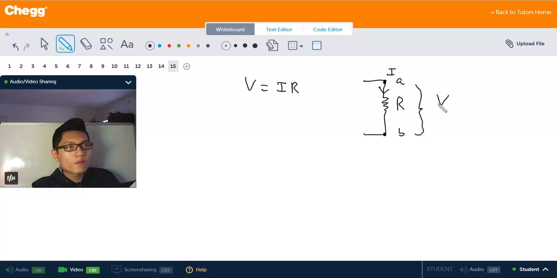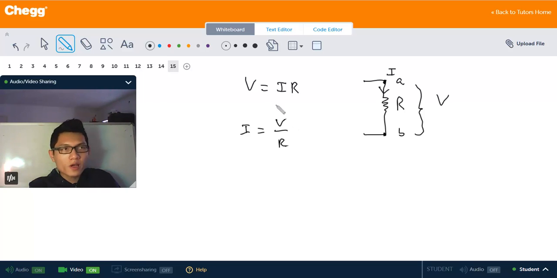If we have the potential difference between A and B, we can always find the current by V over R. If we are given the resistor value, just plug in the potential difference between A and B, divide by the resistor R, and we can obtain the current I.